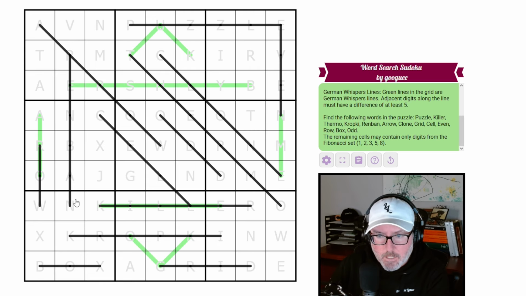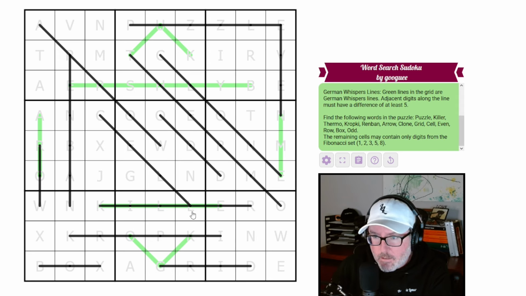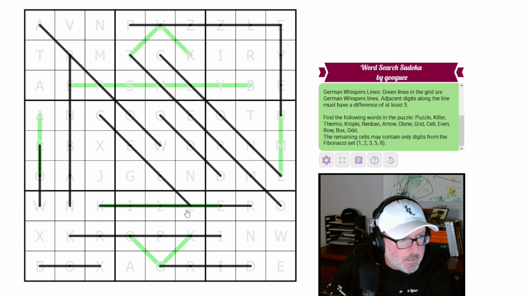Let's make sure that's correct. We've got puzzle. Killer was here. Thermo, Kropki. Where's that Thermo again? Thermo was here. Kropki was here.